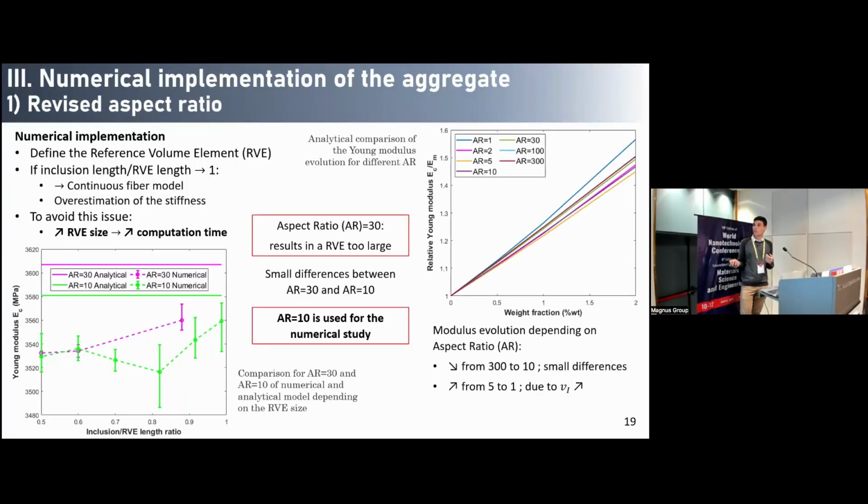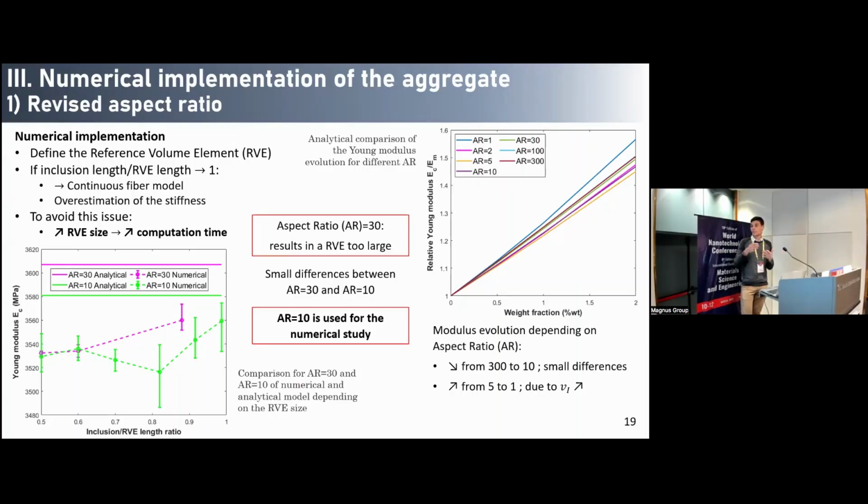For the numerical model, we need to define the reference volume elements, and we want a volume big enough so the length of the inclusion is not close to 1, because in this case it will be more similar to a continuous fiber model, which is not our case, and it will overestimate the stiffness. To avoid this issue, we need to increase the size of the reference volume.